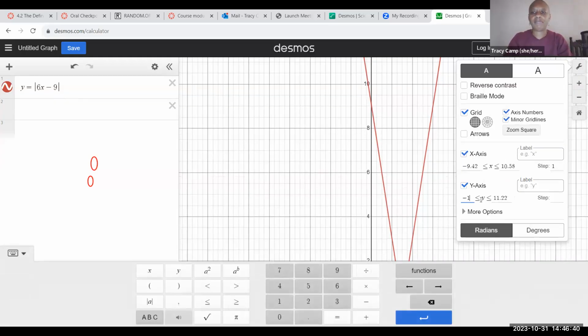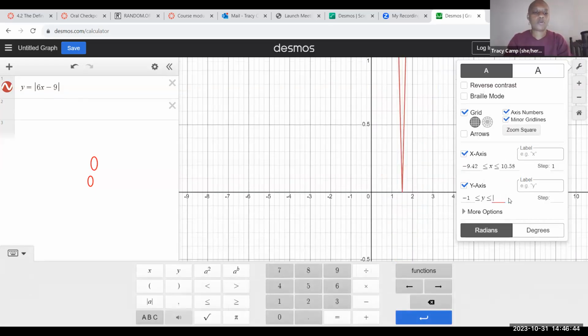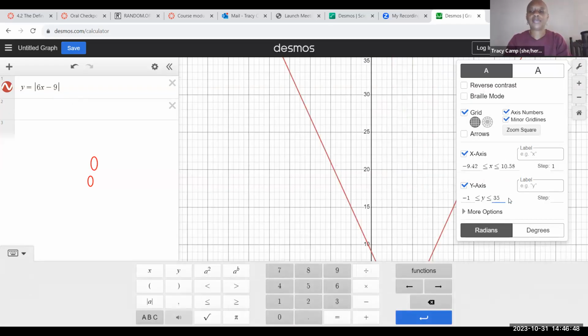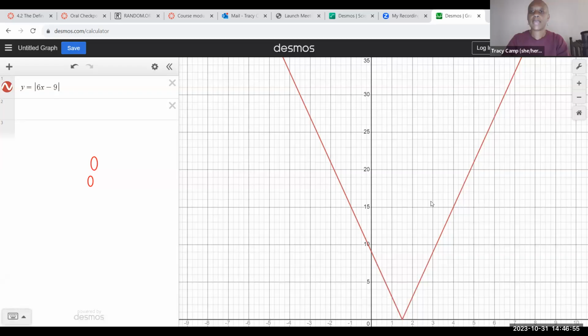We can keep that the same, but let's make this go all the way up to 35. Yeah, that looks good. So now I think we can see everything, right?